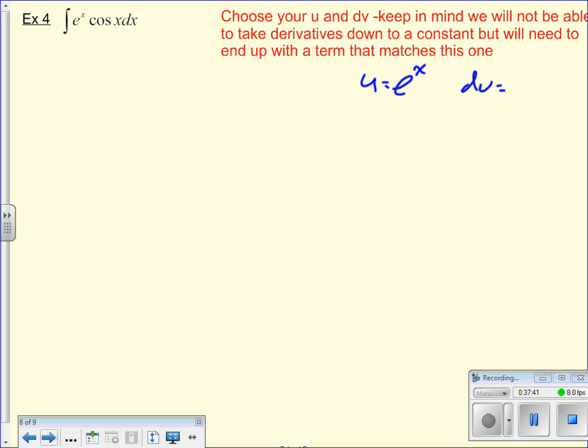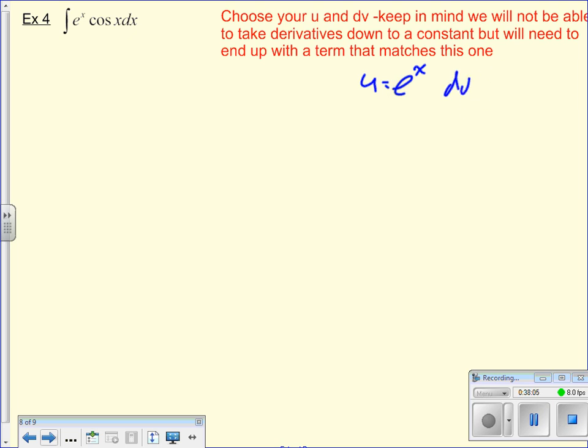Do I have a polynomial? No. So can I do tabular integration? No. We don't always do what we just did. This is not Algebra 1 where everything is the same as the last thing you just did.